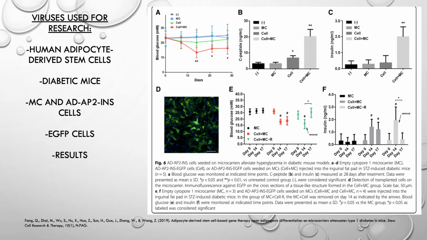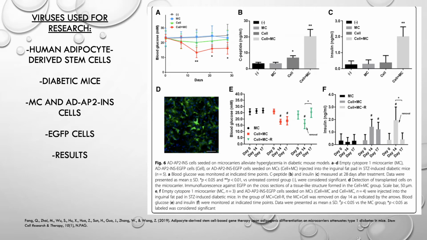This can alleviate the autoimmune reaction as well. So they wanted to see what would happen. What was used was human adipocyte-derived stem cells that were transduced, which means a process by which foreign DNA is introduced into a eukaryotic cell by a virus or viral vector, which in this case was a lentiviral vector that had a furin cleavable insulin gene, similar to what I showed you previously, that segment that I was telling you about.